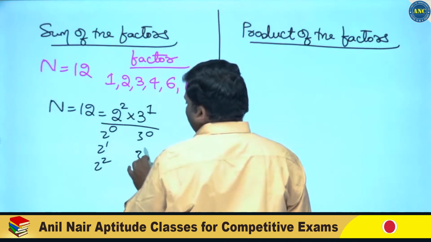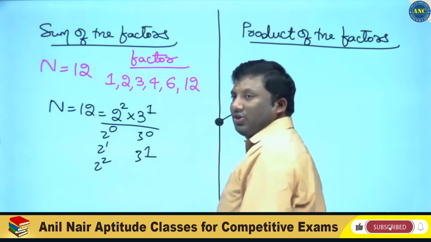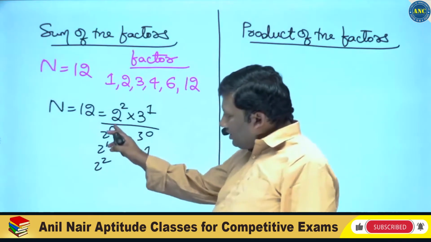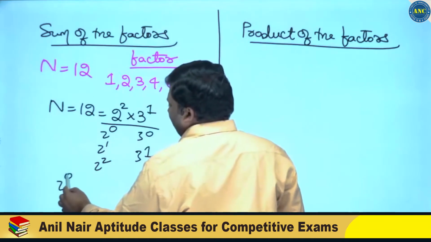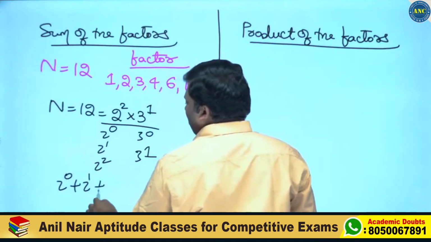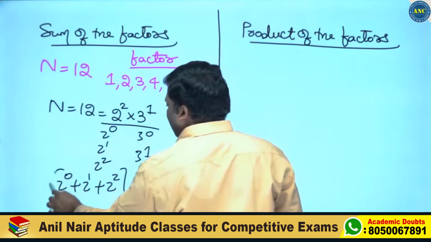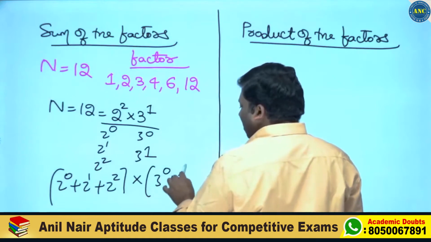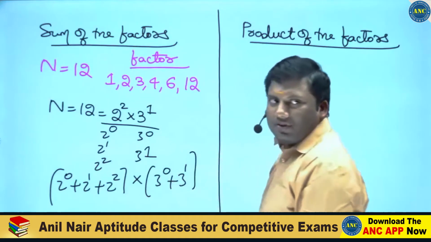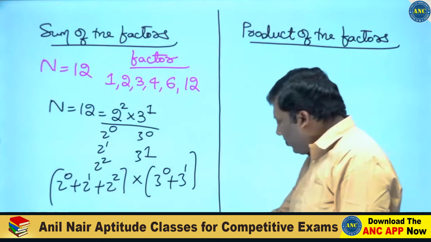And 3 power 0, 3 power 1. Let me see what happens if I add all the powers of 2 starting from 0 to the given power: 2 power 0 plus 2 power 1 plus 2 power 2. Then multiply into 3 power 0 plus 3 power 1.